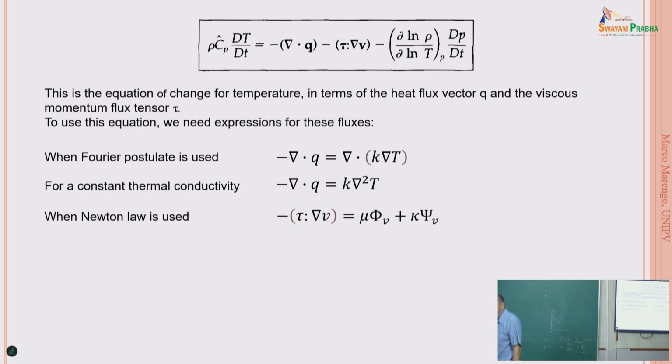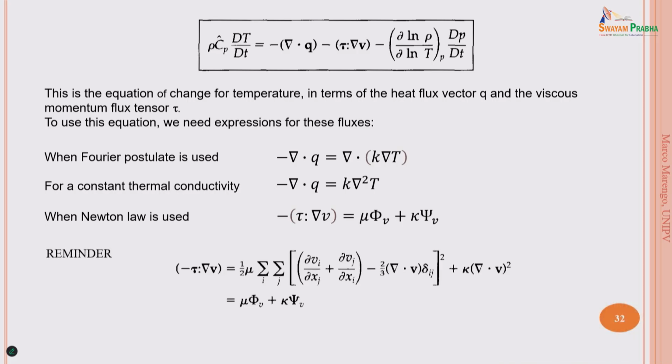And when the Newton law is used, we can express this term with two forms, because we have the part linked to the dilatational viscosity and the part linked to the dynamic viscosity. If we put everything together, we can collect the viscosity on the left and the dilatational viscosity on the term on the right.